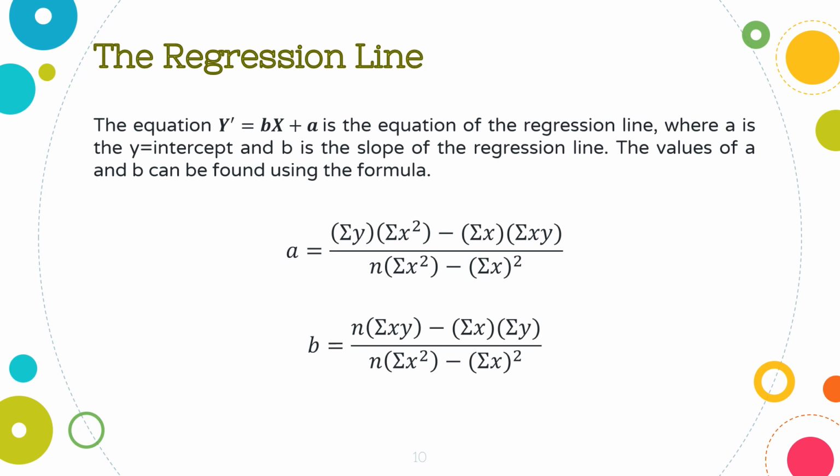If you already know how to determine the dependent and independent variable, let's now proceed with the regression line. Okay. So if you want to remember about the slope-intercept form, which is y is equal to mx plus b, this slope-intercept form, class, is just the same with the equation of the regression line.